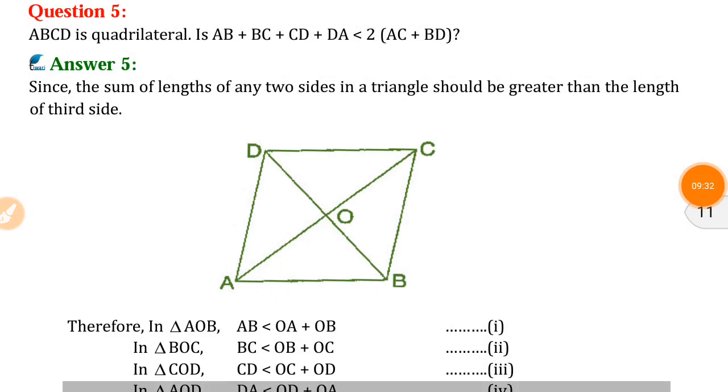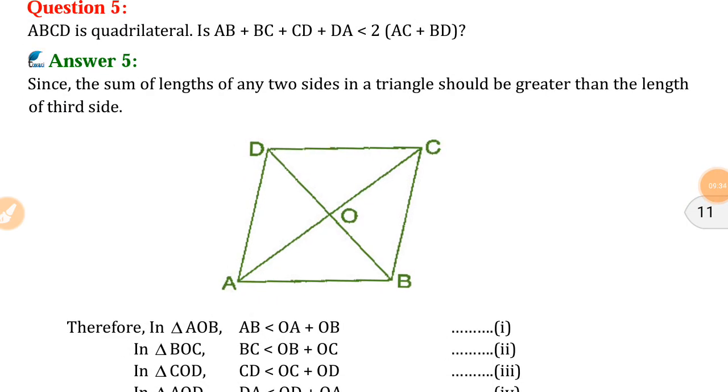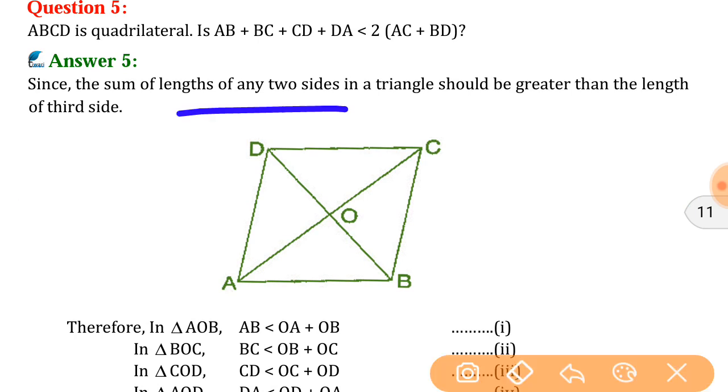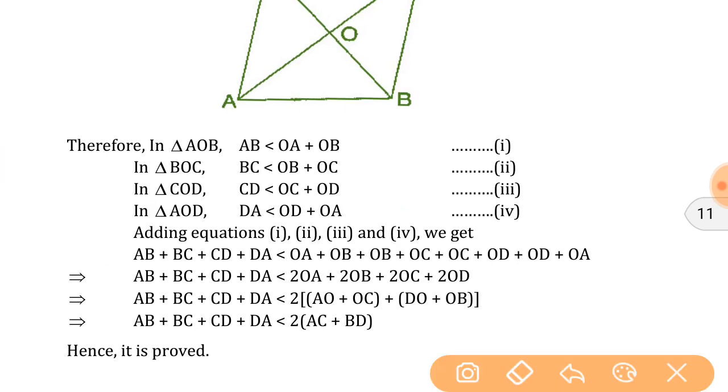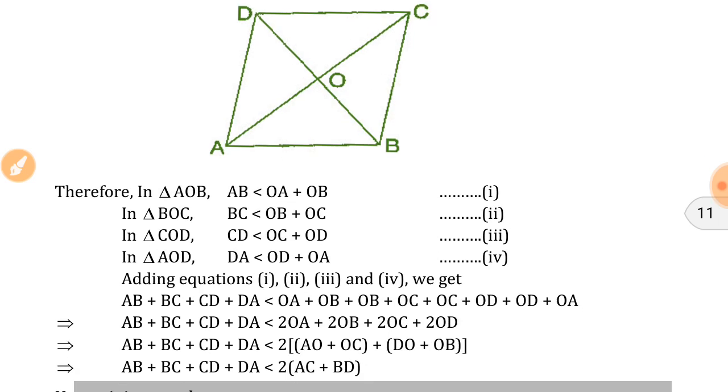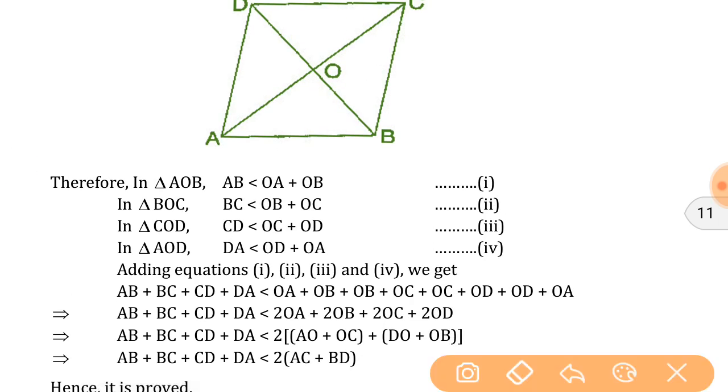So next example, ABCD is a quadrilateral. Is AB plus BC plus CD plus DA less than 2 into AC plus BD or not? We have to check. Since the sum of the lengths of any two sides in a triangle should be greater than the length of the third side, we know that. So in the same way, in triangle AOB, what is the condition?